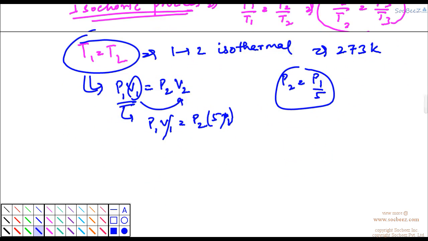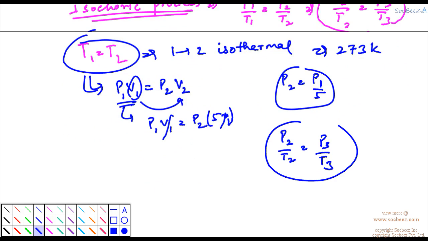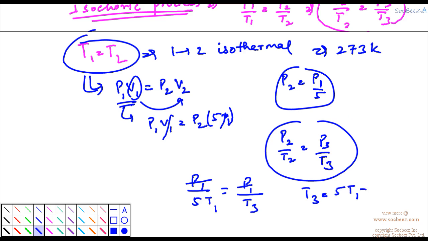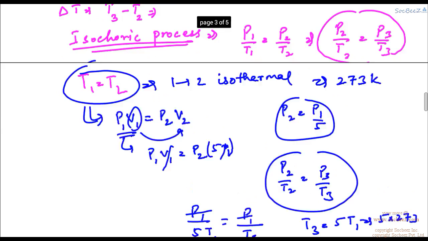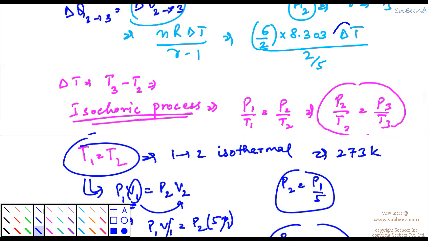So what we had was P2 upon T2 is equals to P3 upon T3, which is the isochoric process. So P1 upon 5 upon T2, which is nothing but T1, equals P3, which is nothing but P1 upon T3. So P1 P1 cancels out. T3 is nothing but 5 times T1. So that is 5 times 273 kelvins. Now we can plug in this value for delta T, right?